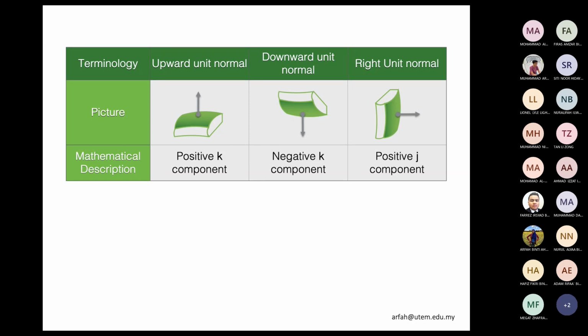If the unit normal vector or the solid is facing downward, then you are going to have the negative k component. If the unit normal vector is the right unit normal, then you are going to have the positive j component. It will be facing on the right side.